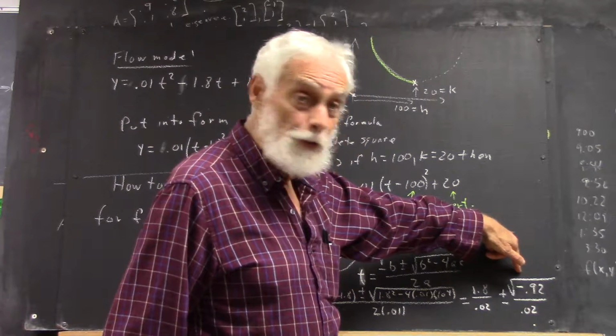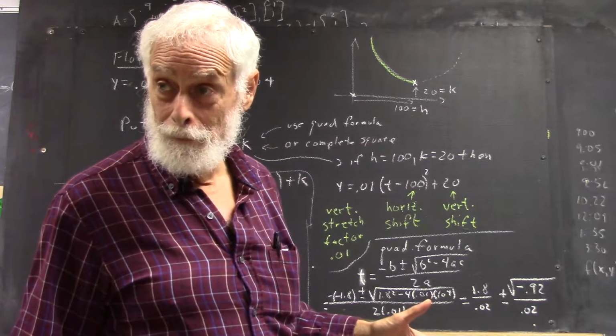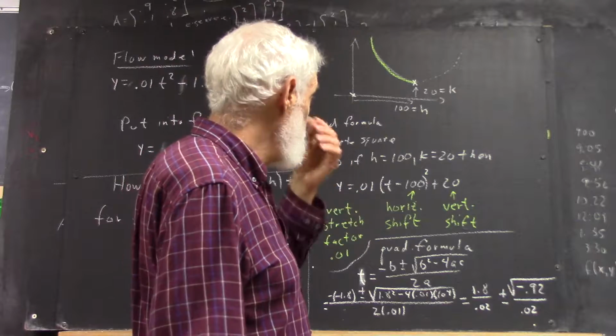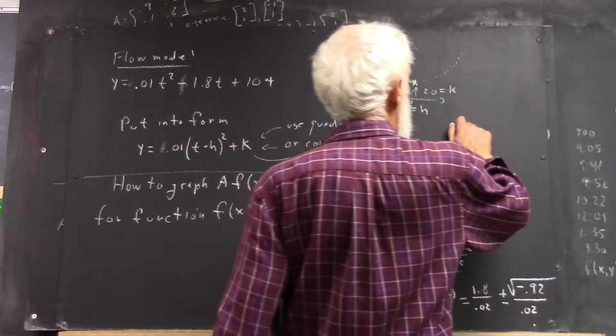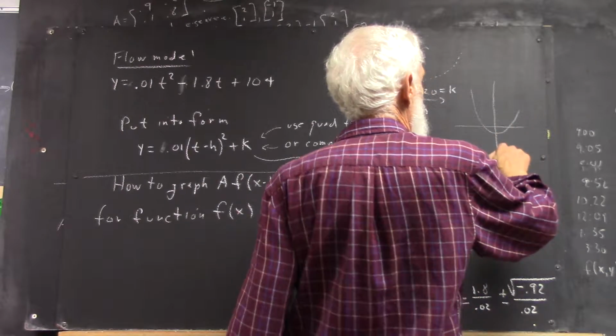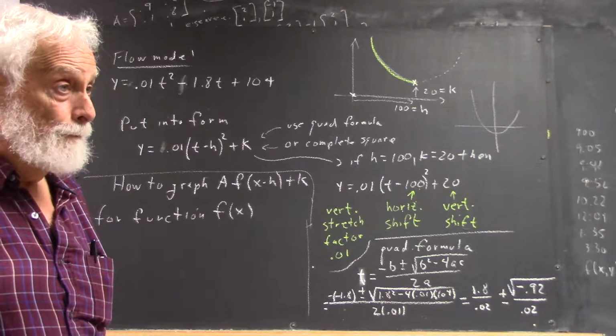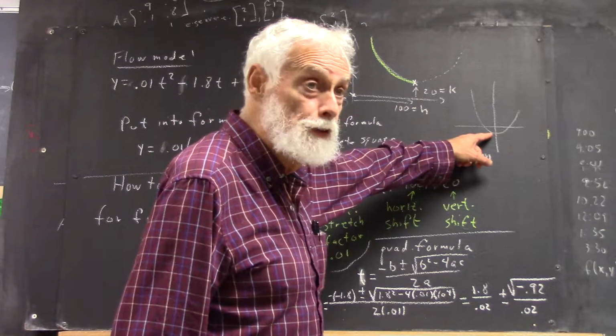It doesn't matter whether this number is real or imaginary. What's halfway between the two zeros of a quadratic? It's an axis of symmetry, right? And the vertex is on the axis of symmetry.